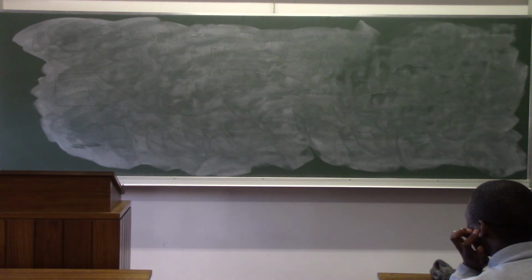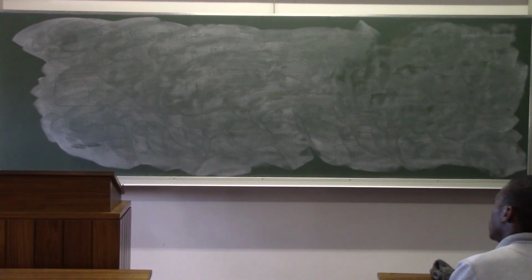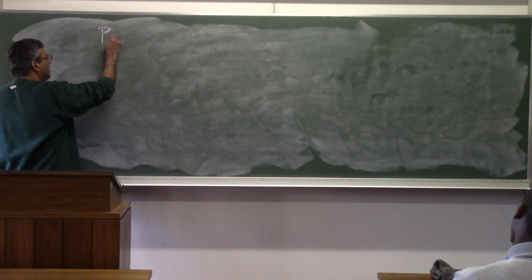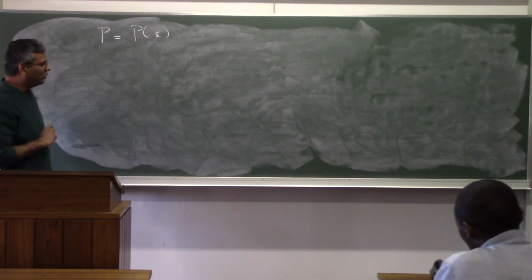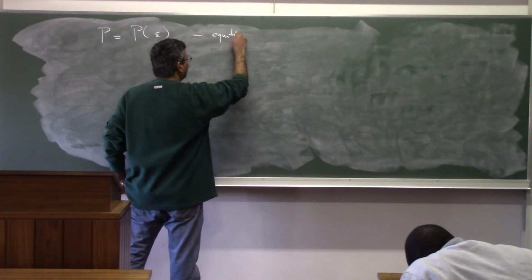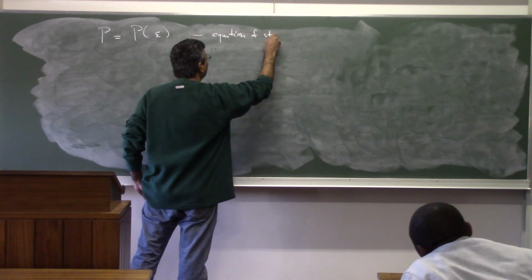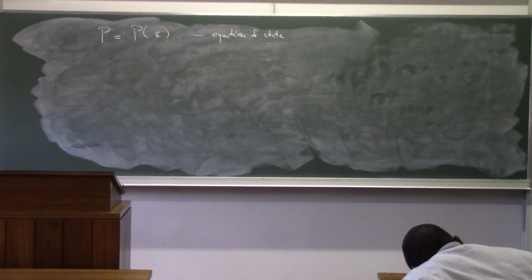Okay, so we have two independent equations and three unknown functions. And in order to relate these equations, we need one more equation. The equation we're looking for is the equation of the type P = P(ε). So this equation is called an equation of state. A familiar equation of state that you've seen is the ideal gas law.